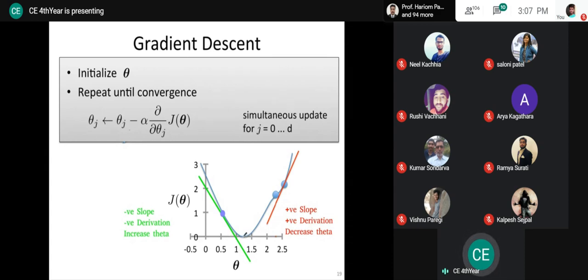If I consider this particular point and take the slope at that point, you will observe the slope value is 0. So this is one way. Another way is you can continuously change the theta value, and whenever you reach this point, next you are increasing the theta value.